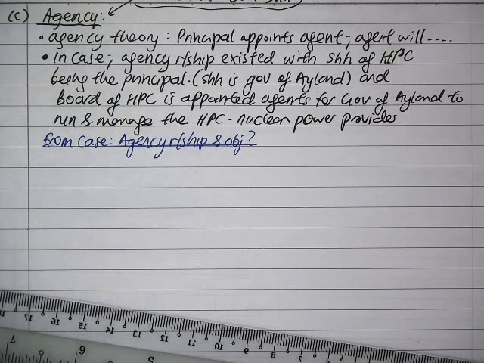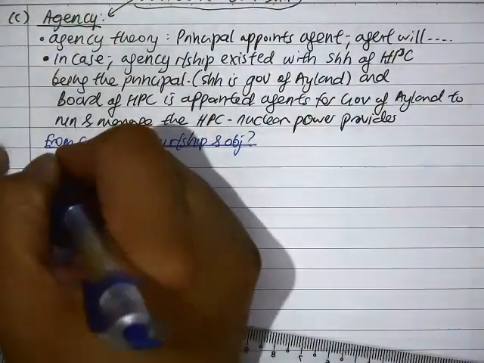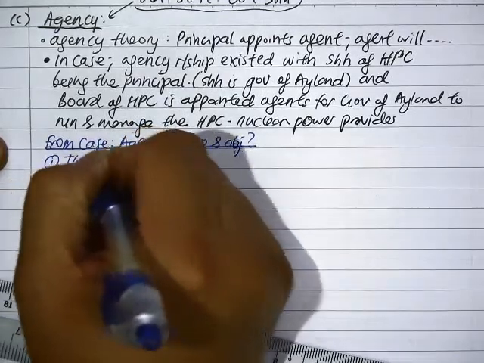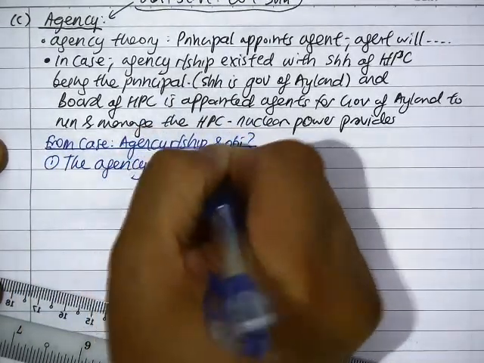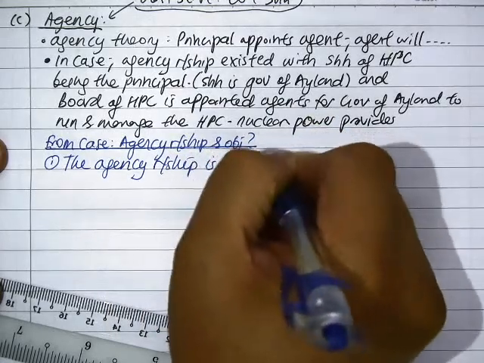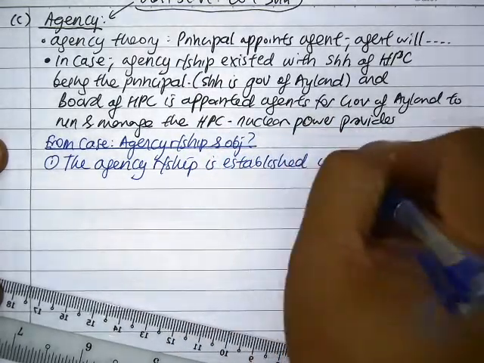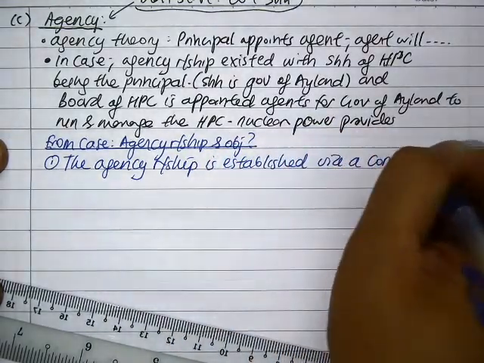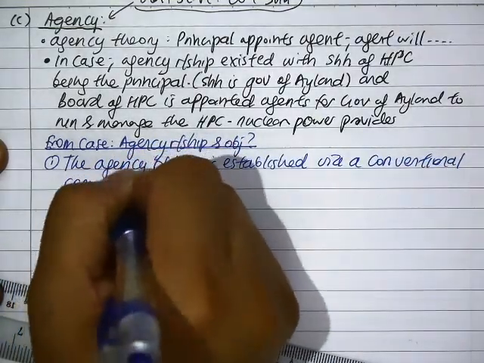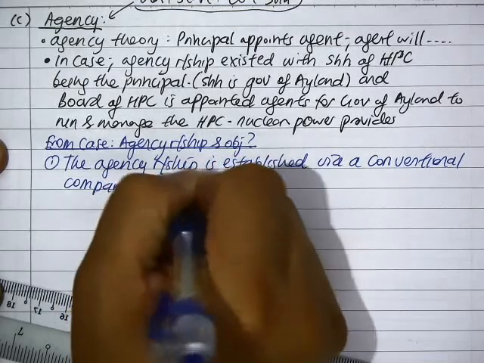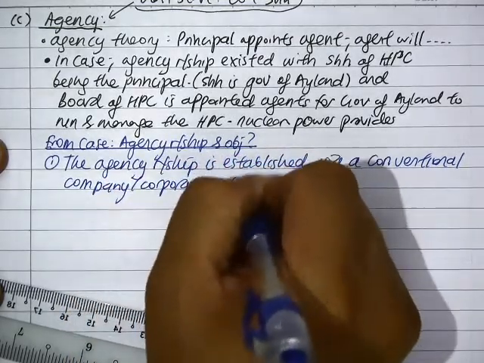Now, first, the agency is through a company. So you must say that, one point. The agency relationship is established via a conventional company or corporate setup.